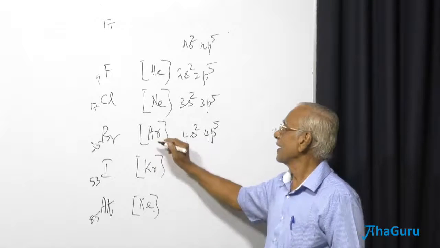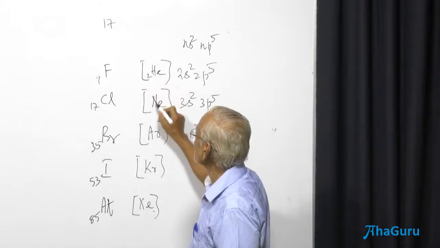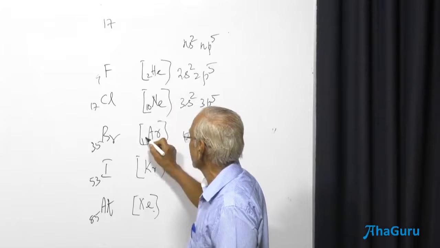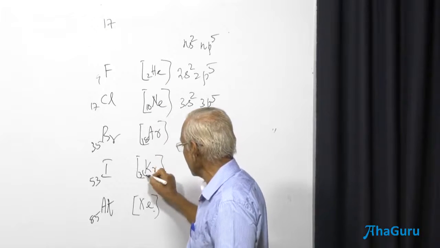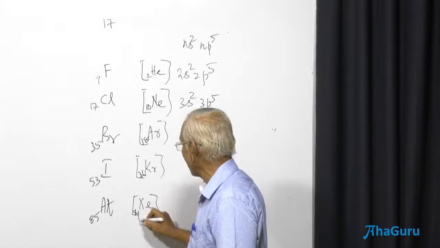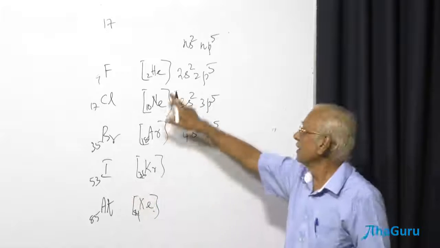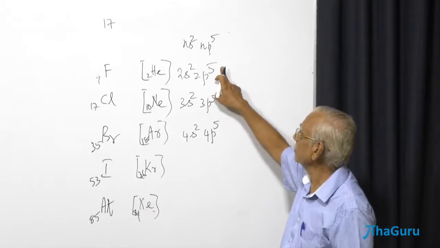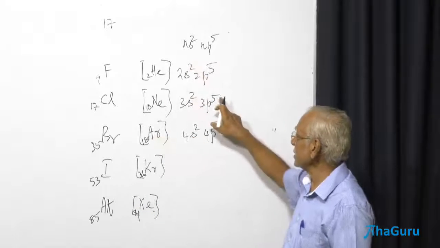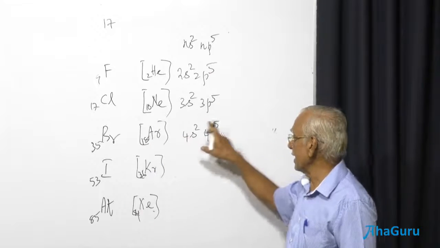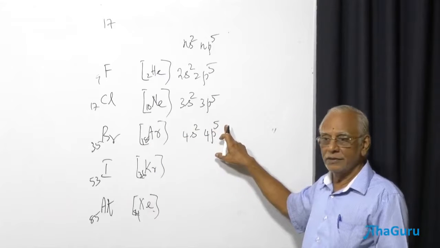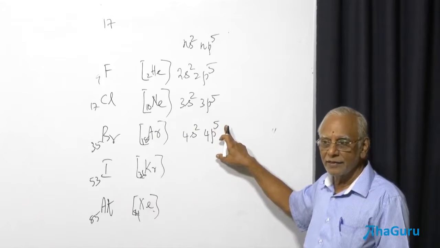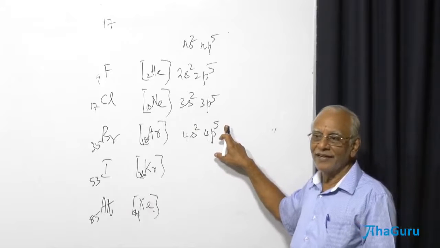How many electrons are there? That is why I told you it is 2 electrons here, 10 here, 18 here, 36 here, 54 here. You should be able to count: 2 plus 7, 9, 10 plus 7, 17, 18 plus 7, 25.